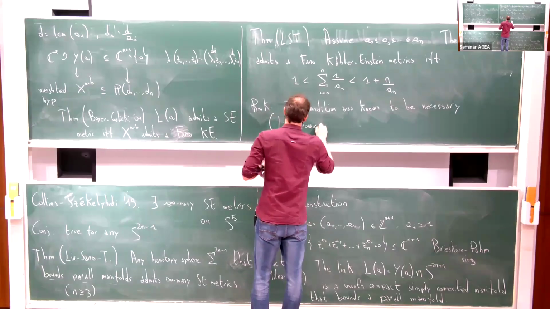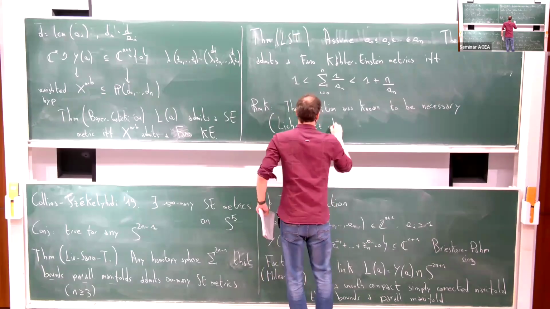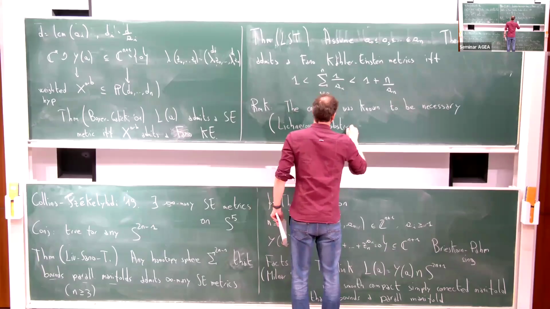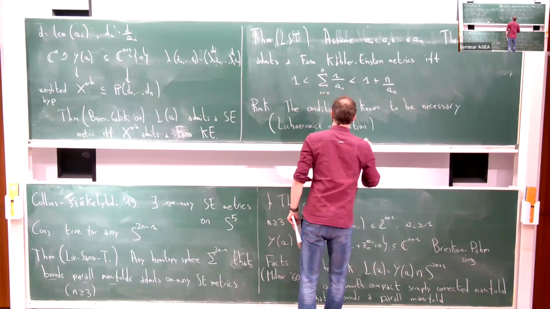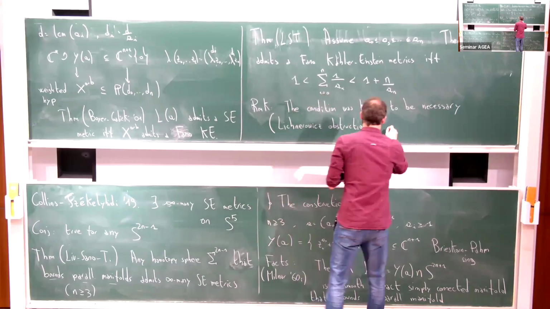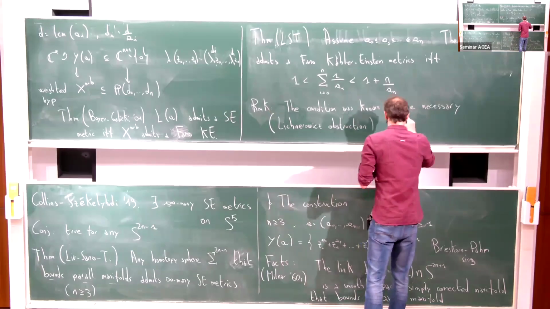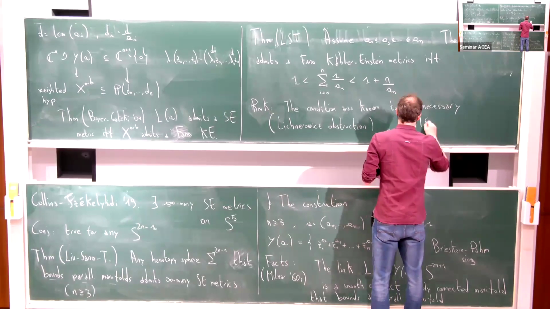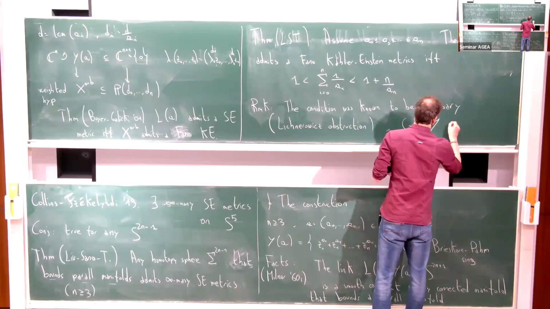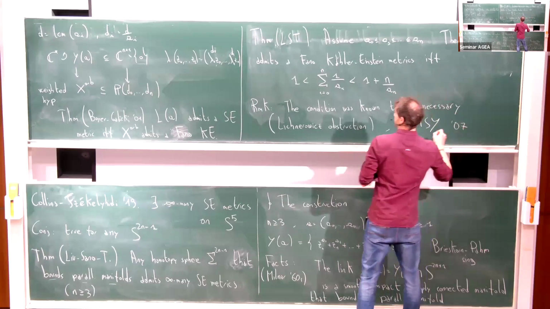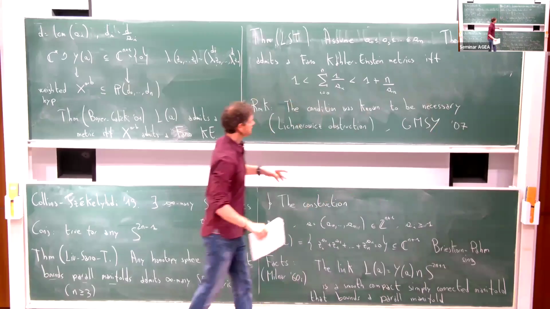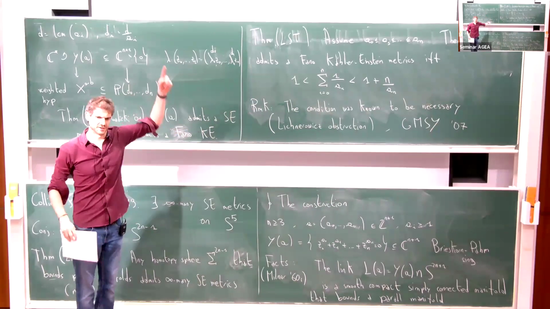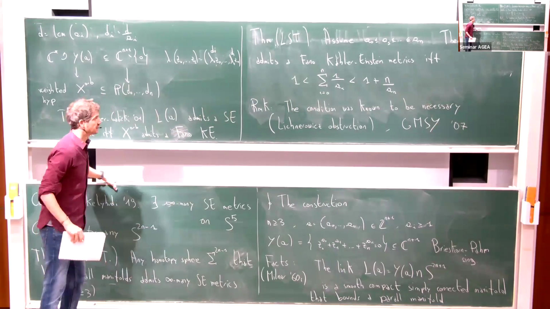This is called the Lichnerowicz-Bishop obstruction to the existence of Kähler-Einstein metrics. And this was proved by Gauntlett, Martelli, Sparks, and Yau in 2007. So what we actually have to prove is the other direction.